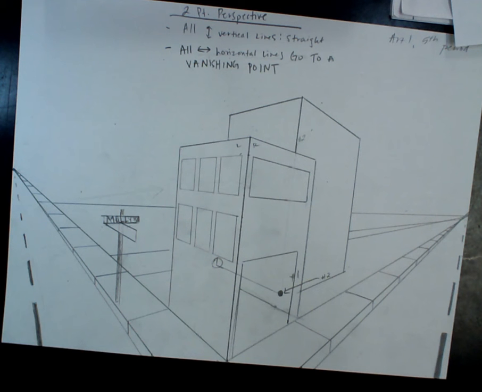Oh, I forgot to do it all the way. So I would just say right now you're a little bit off compared to the building. So I would maybe go like here. So they're just two straight lines.